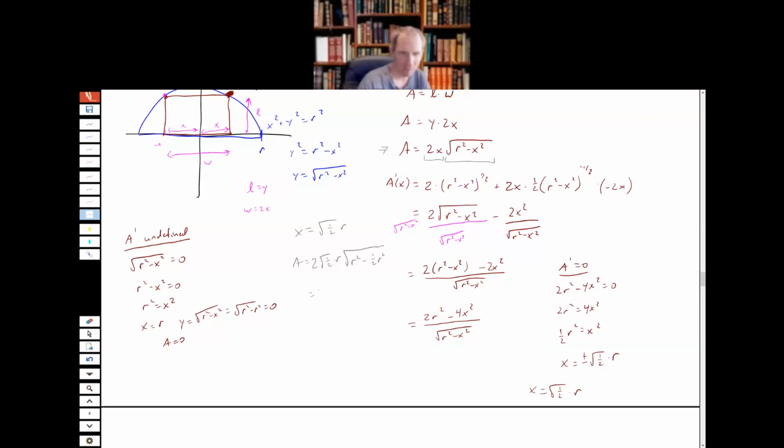R squared minus 1/2 r squared is 1/2 r squared. Square root of 1/2 r squared is the square root of 1/2 times r. Square root of 1/2 times the square root of 1/2 is 1/2, times 2 is 1. So we're just left with r squared.